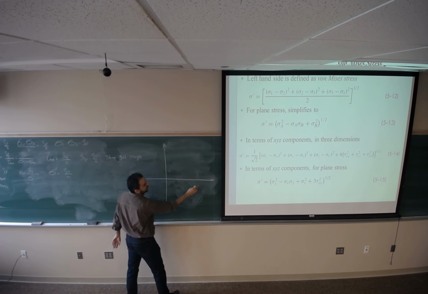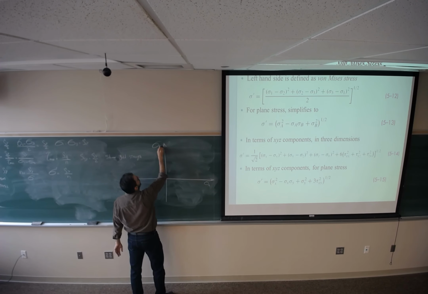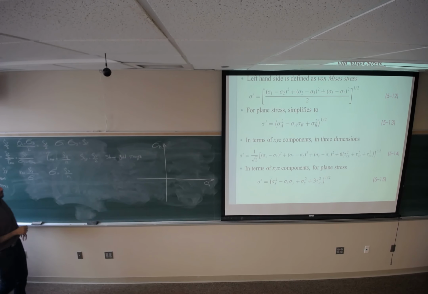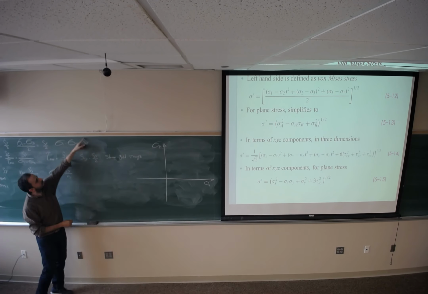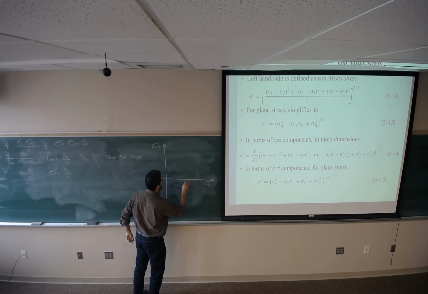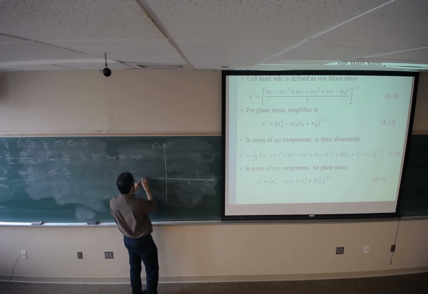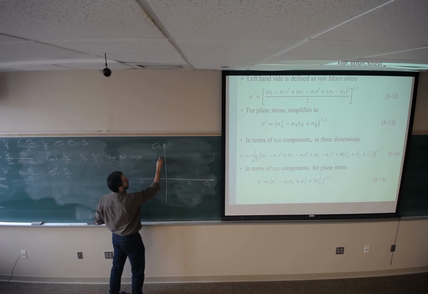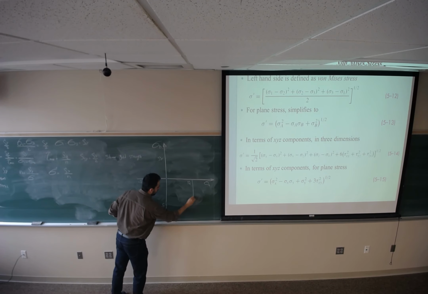If the x-axis is representing sigma A and the y-axis representing sigma B, for maximum shear stress theory, if I want to plot the failure criteria, meaning this one, it's going to look like a square.